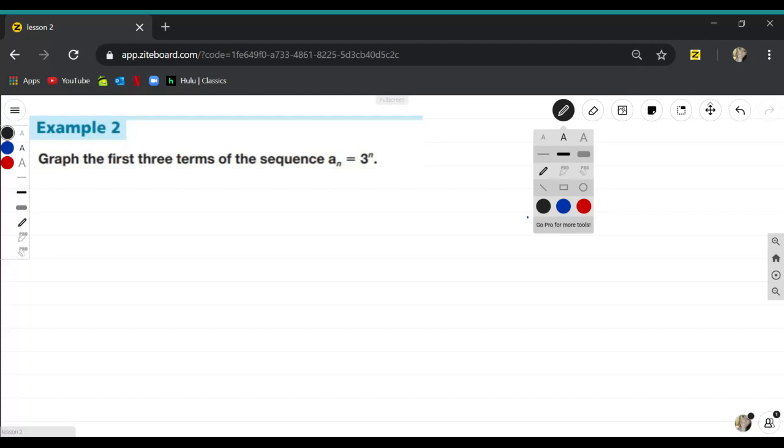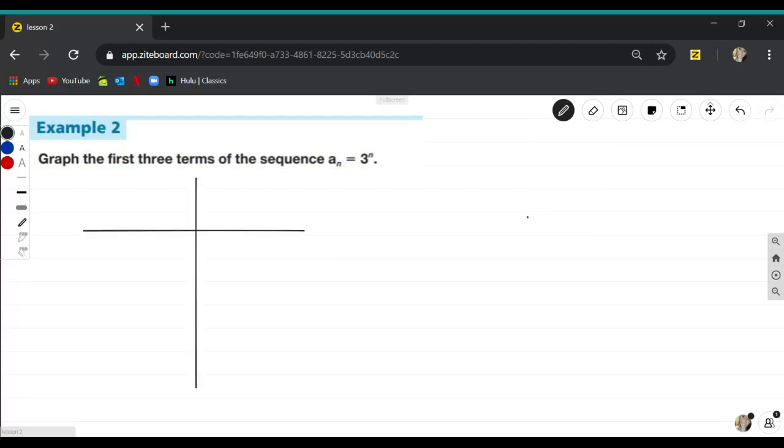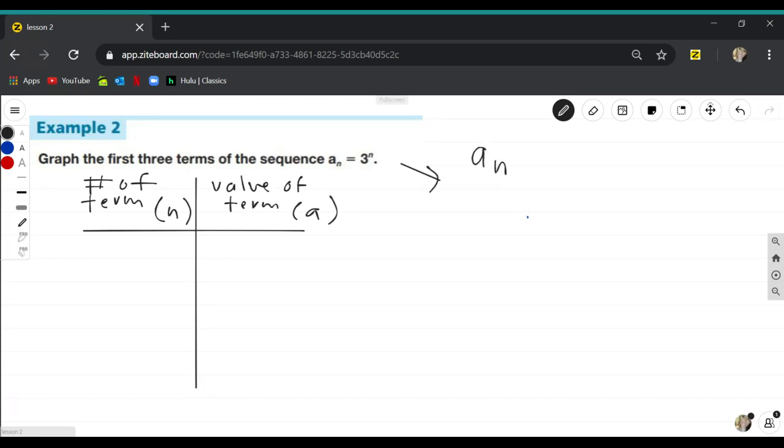So if we make a graph here, this is obviously the number of term, which is our n, and value of term, which is a.